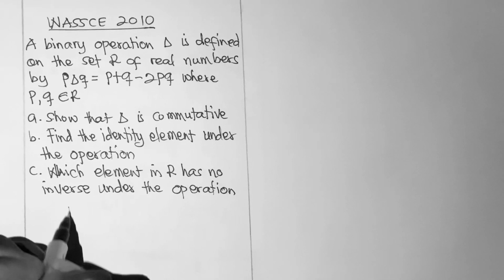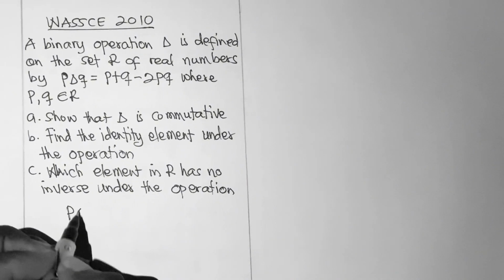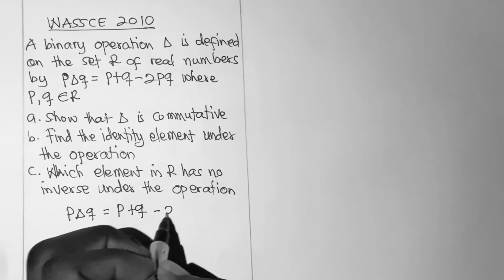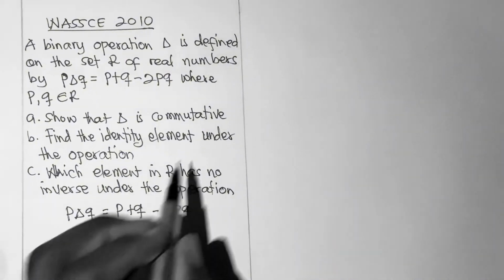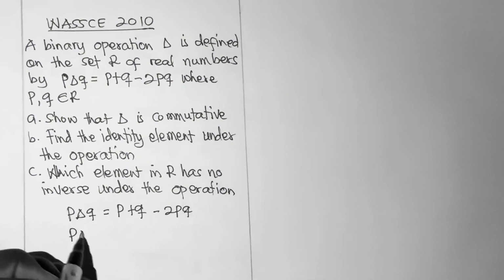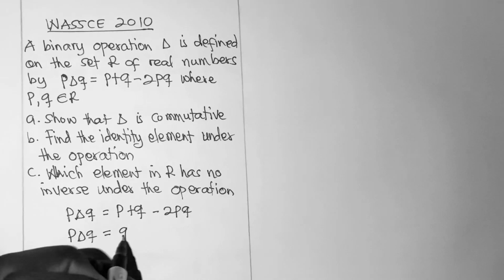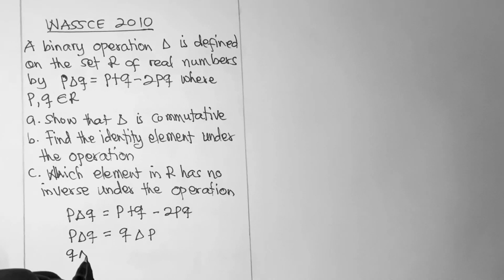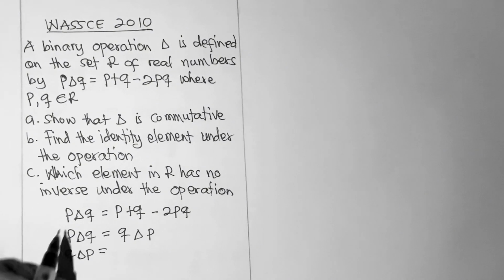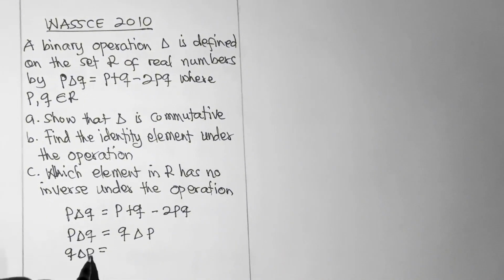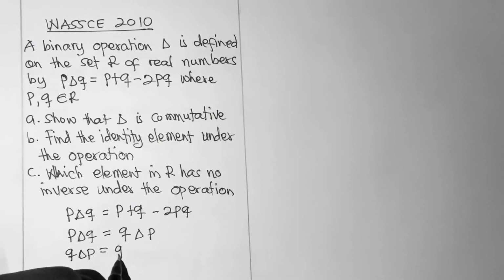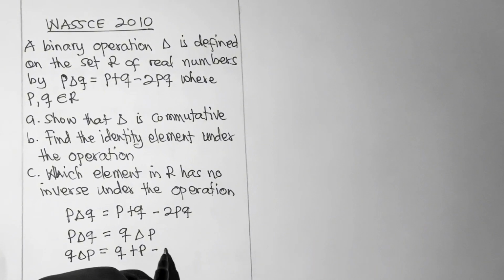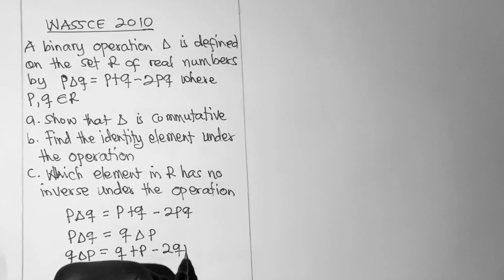So it is P operation Q is equal to P plus Q, then minus 2PQ. So to be able to show that it is commutative, P operation Q must be equal to Q operation P. So let's find Q operation P. This will be equal to, wherever we see P, replace Q. Wherever you see Q, replace P. So here becomes Q plus P minus 2QP.